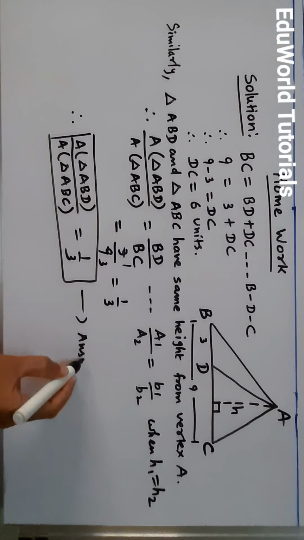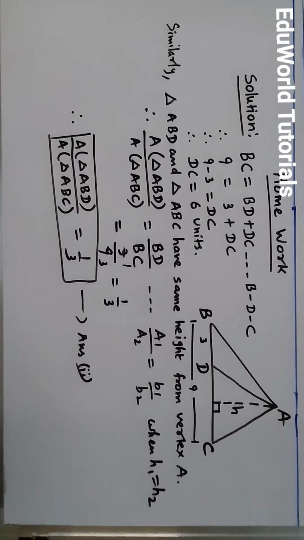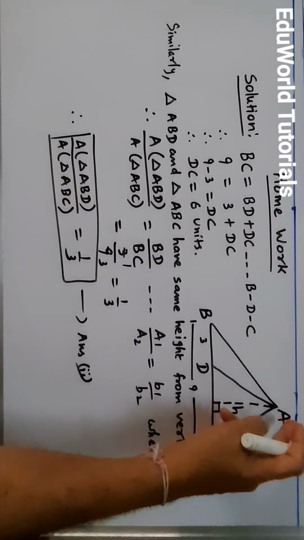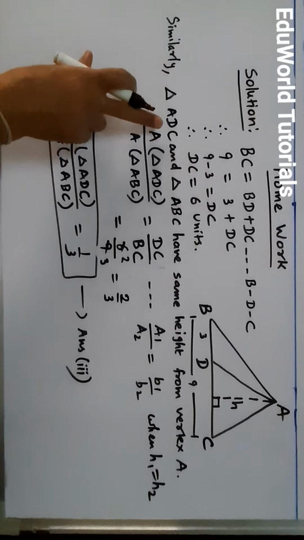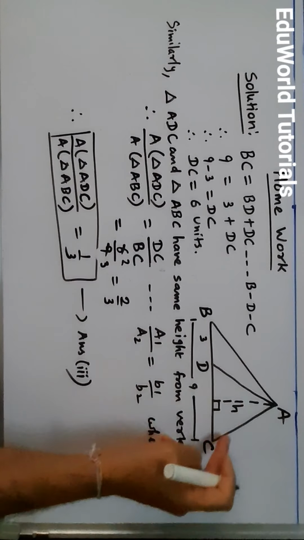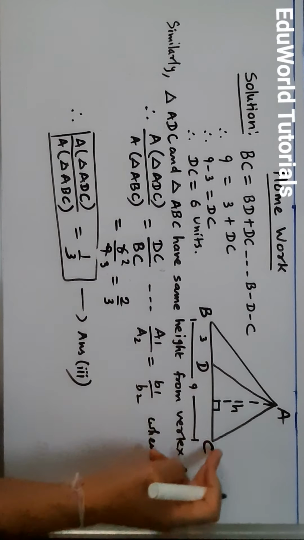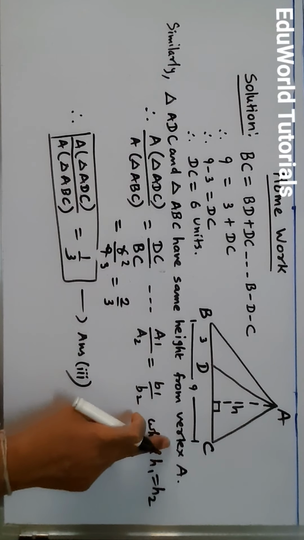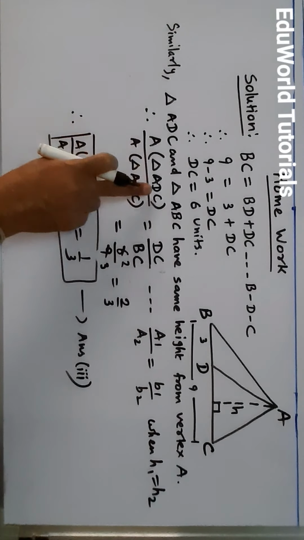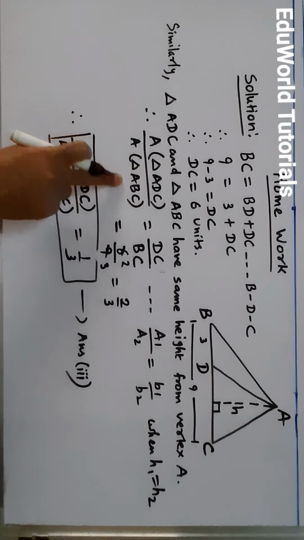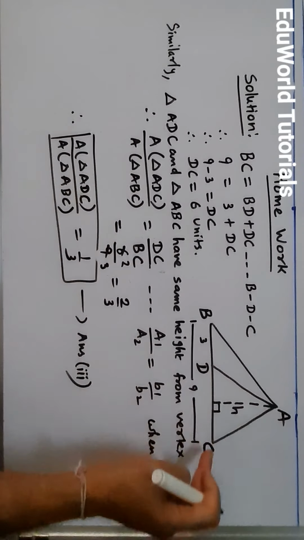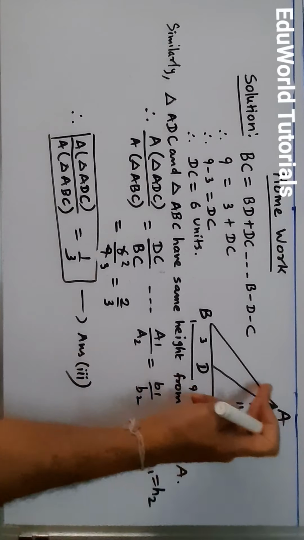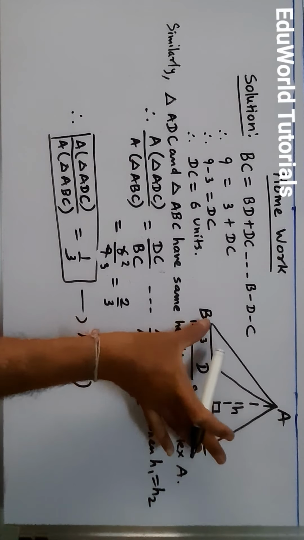Okay, and similarly we can find the ratio of area of triangle ADC upon area of triangle ABC. Triangle ADC and triangle ABC have the same height from vertex A. So area of triangle ADC upon area of triangle ABC is equal to DC upon BC, because for triangle ADC the base is DC and for triangle ABC the base is BC.